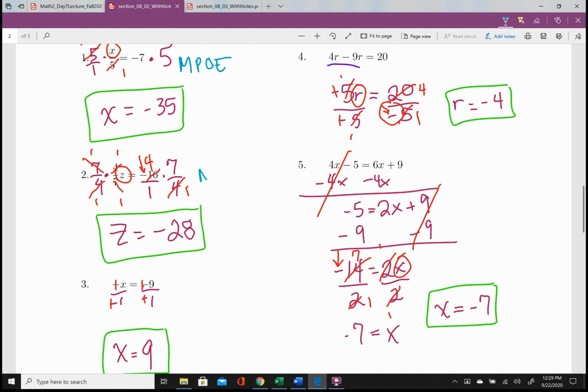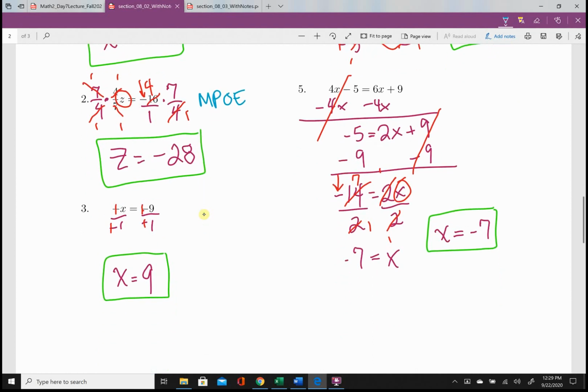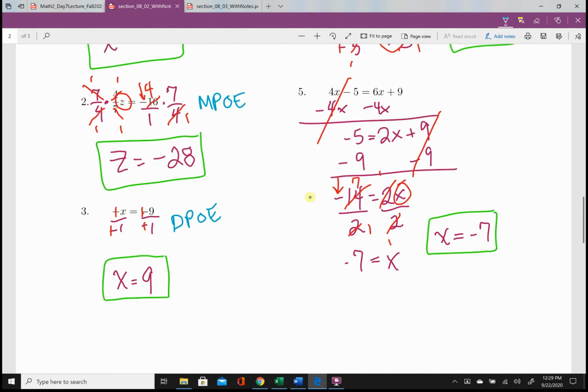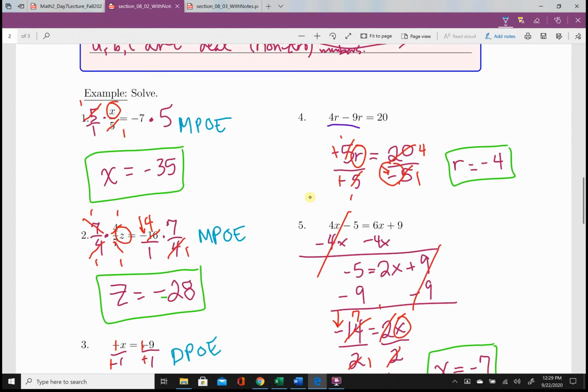Here, again, I used MPO. I multiplied the reciprocal on both sides of the equation. Here I used DPO. I divided both sides of the equation by -1. And then over here I combined like terms, and then I used a little bit of DPO.